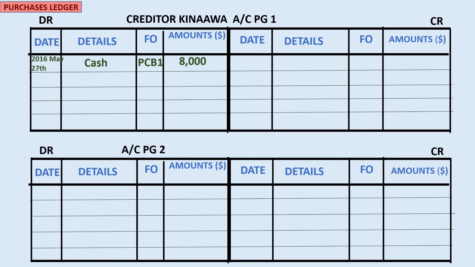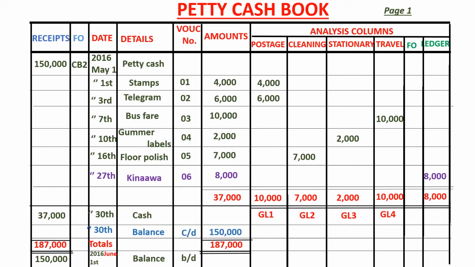So of course, after crediting, finishing the double entry in that other account, we shall come back to the folio column, and we shall say that actually that other account that is not in the general ledger is found in the purchases ledger on page 1, and that's why we go ahead and say PL page 1 right there. The rest of the details you already know. We go ahead.